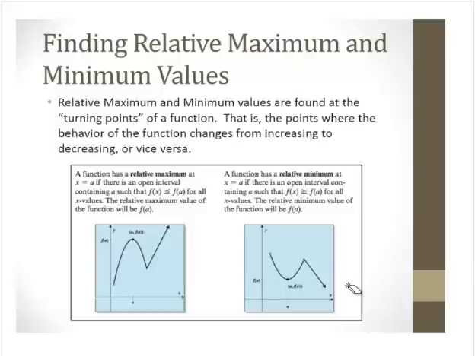So if we look at this graph here, see how this point is a turning point and it produces a relative maximum. We could also say that this point is a turning point and produces a relative minimum. So here, this point produces a relative minimum, and there's a relative maximum.